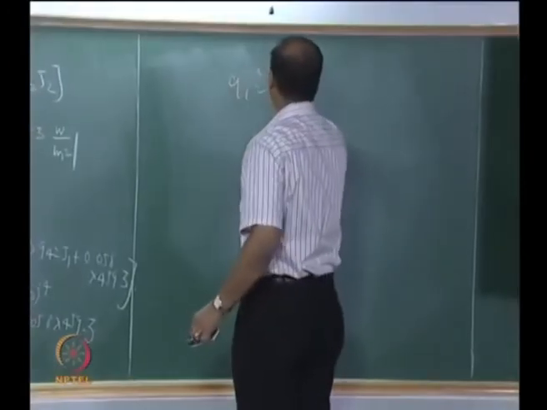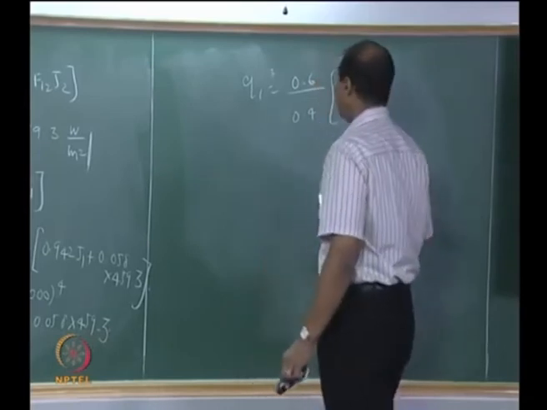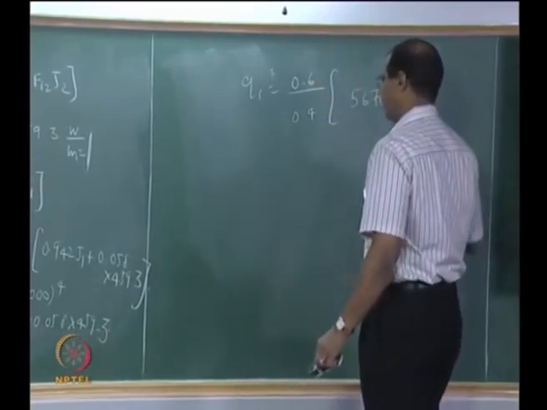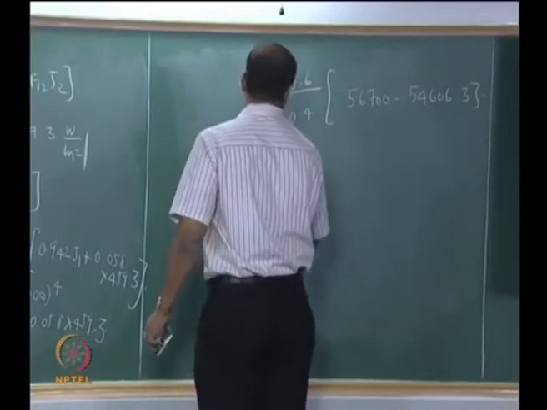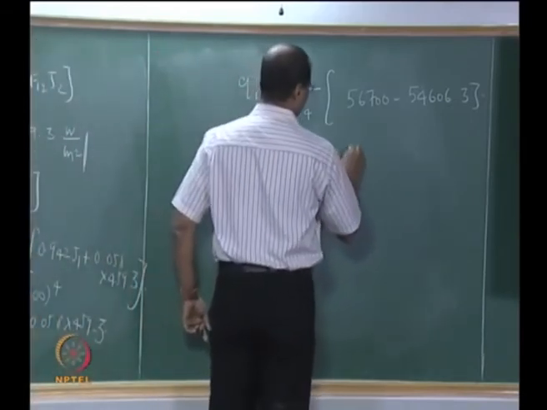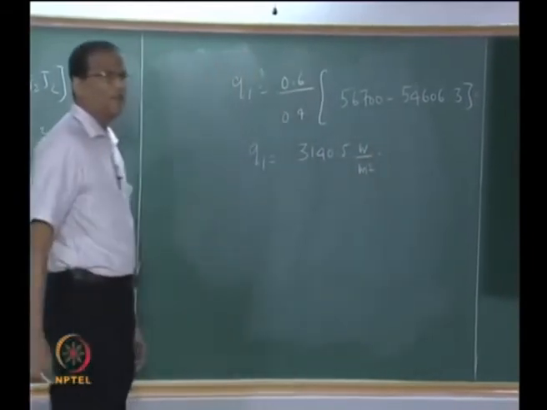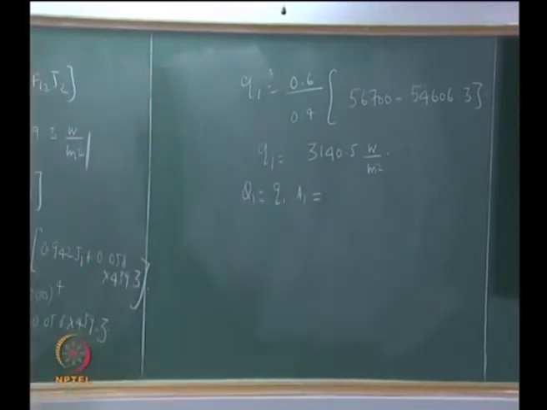So Q1 is 3,000. This is only the flux, okay, this is the heat transfer rate, how much is that, into 4.8 into 10 to the minus 4.